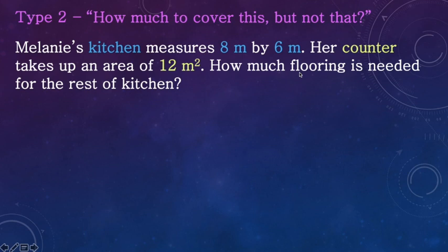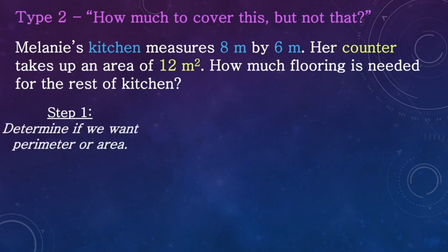I want to find out how much flooring we need for the kitchen itself. Now, you should know that the flooring, let's say we're talking about tiles, you are not going to be putting tiles on the counter. That part is not covered by the flooring. So essentially, we're doing a shaded region question.